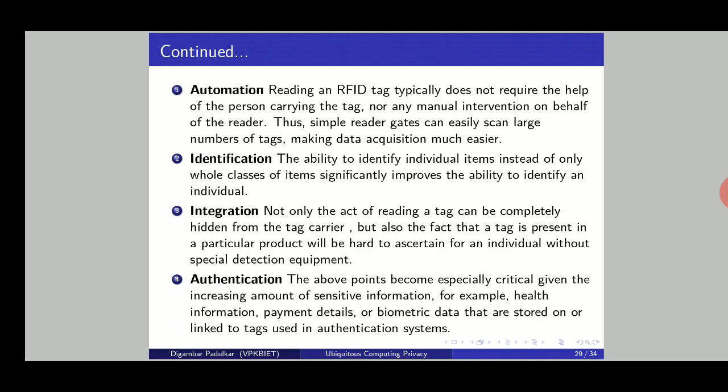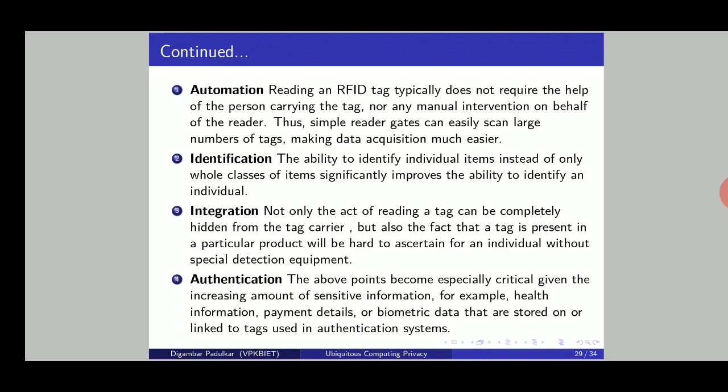Not only can the act of reading a tag be completely hidden from the tag carrier, but also the fact that the tag is present in a particular product will be hard to ascertain for an individual without special detection equipment. And the last one is authentication.